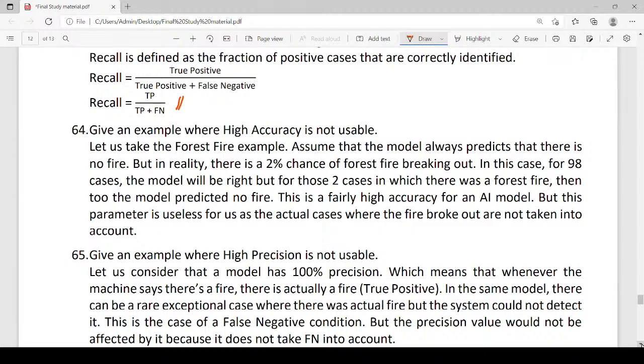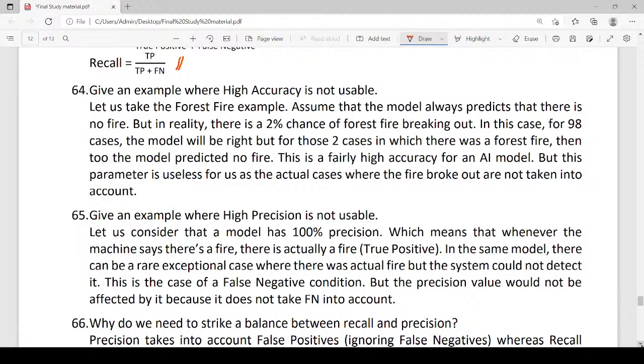But here there is a rare exception that it is not considering the false negative condition, because precision takes the formula TP by TP plus FP. Where did FN go? The false negative is also a dangerous condition. That is not taken into account here. So we can say that high precision is not usable.